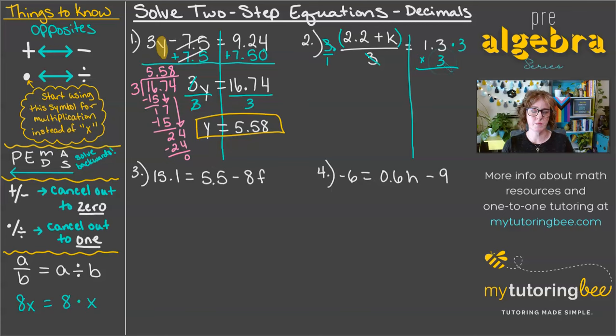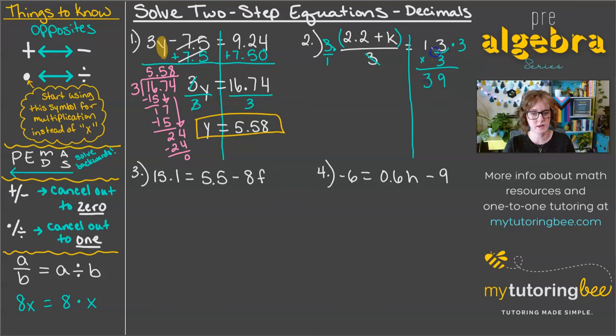And remember that when you are multiplying decimals, you don't have to line up the decimals like we did with our addition or subtraction problems. With multiplication, you just go ahead and slide everything over to the right, multiply as if that decimal isn't there, and then we're going to put that decimal in at the end once we have our product. So 3 times 3 gives us 9, 3 times 1 gives us 3.